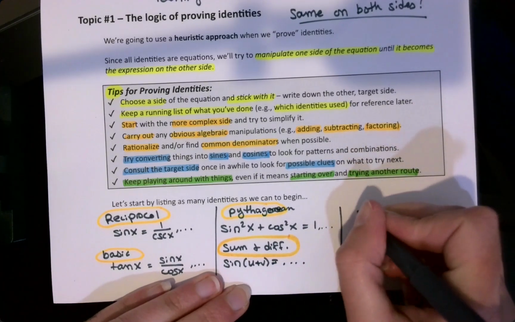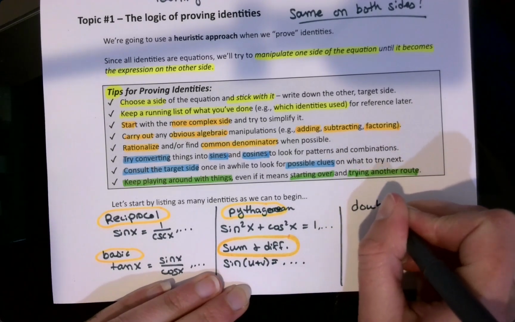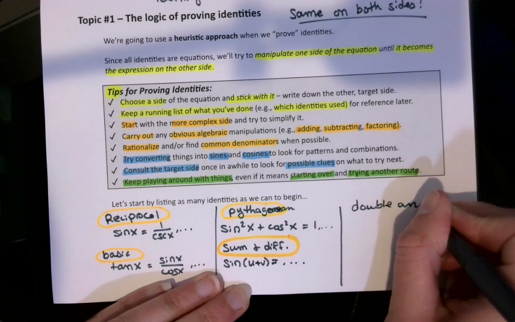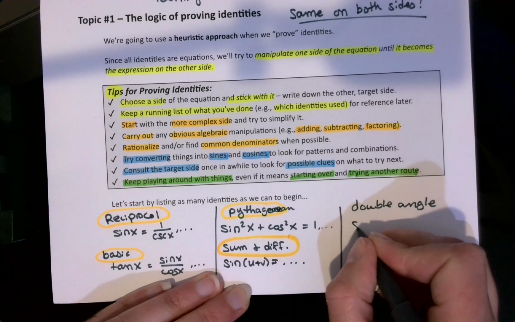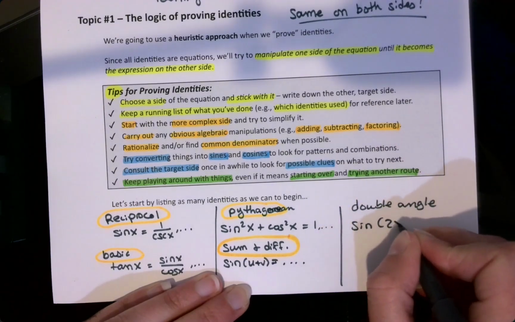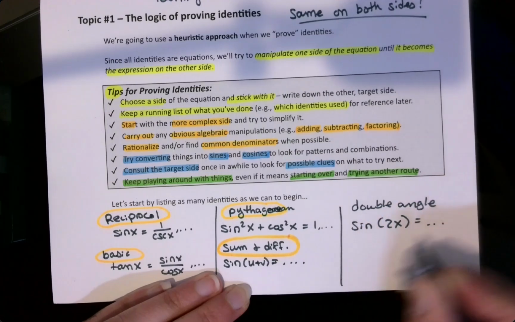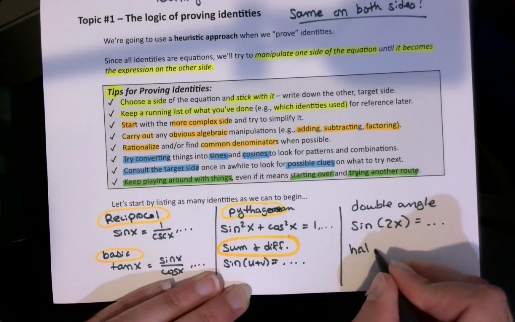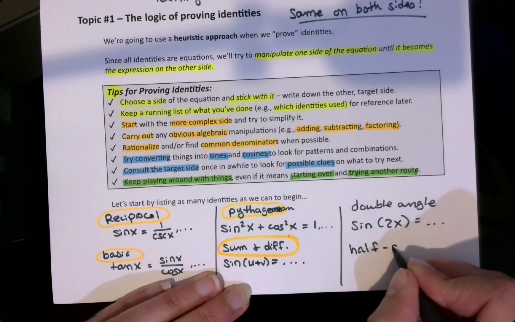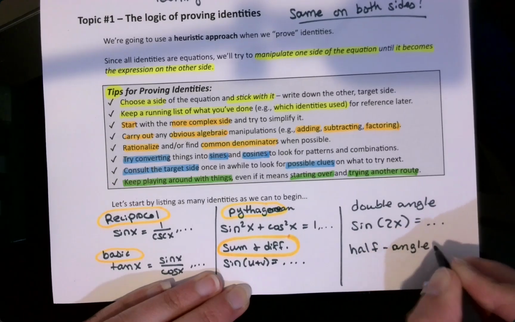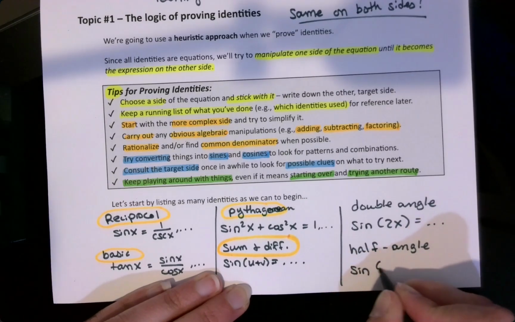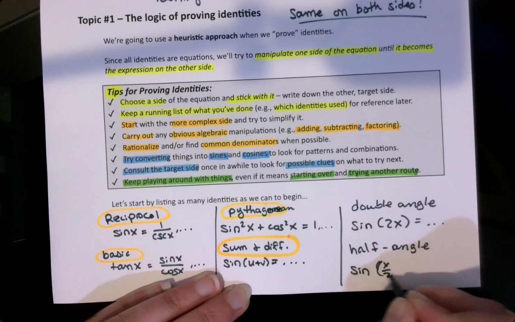We've got our double angle identities. That's our sine of 2x equals, and we've got our half angle identities. And that would be our sine of x over 2 and cosine of x over 2.